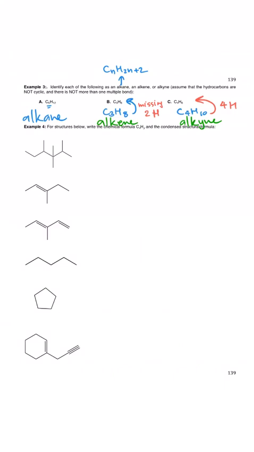Example 4 asks us to determine the chemical formula and also draw the condensed structural formula as well. So let's take a look at the first structure. The easiest way to do this, instead of counting the number of carbon and hydrogen within the molecule, which takes longer, is to make this faster. You will need to recognize that this is an alkane because it has no double bond or triple bond and it doesn't contain any other element.